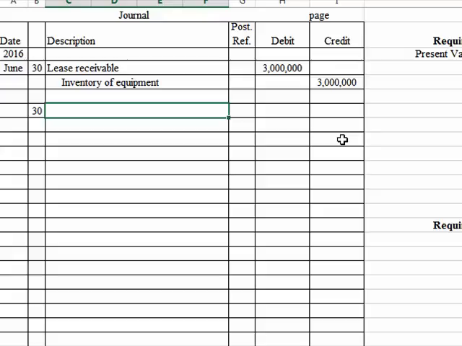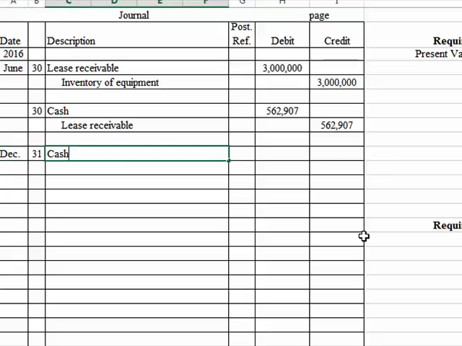So here, they'll just debit cash for $562,907 and credit lease receivable for the same amount. No interest revenue was earned by IC Leasing Corporation, because no time had yet passed, right? Then we get to December 31st.